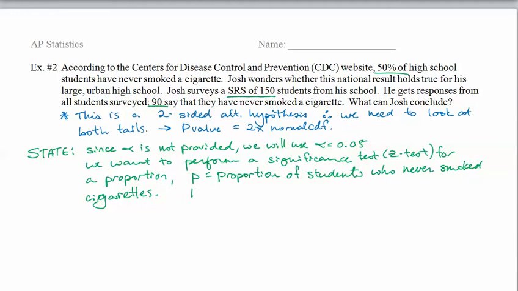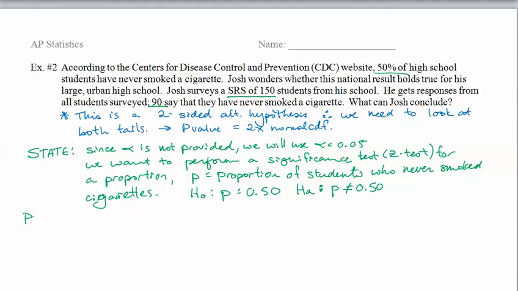So our null hypothesis is that the proportion equals 0.50, and our alternative hypothesis is that the proportion is not equal to 0.5. All right, that's our statement.